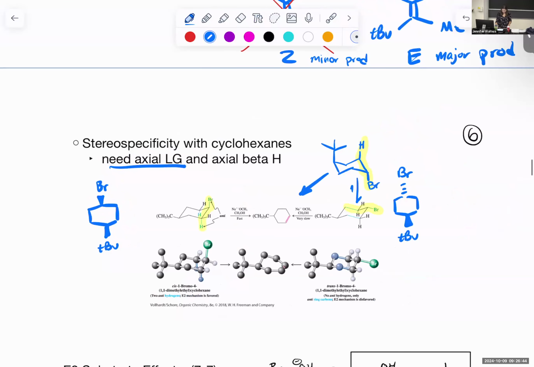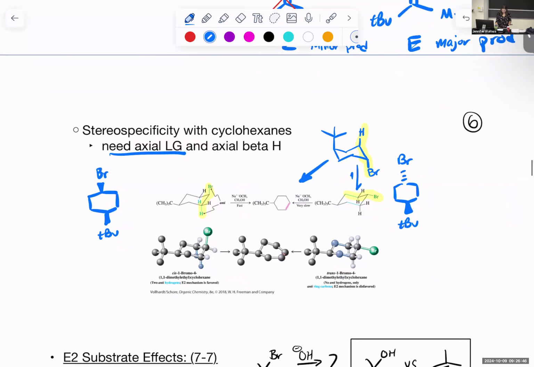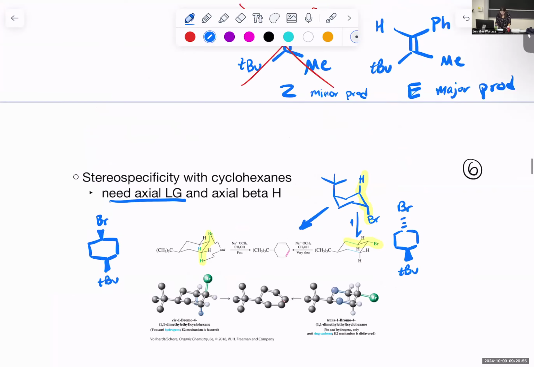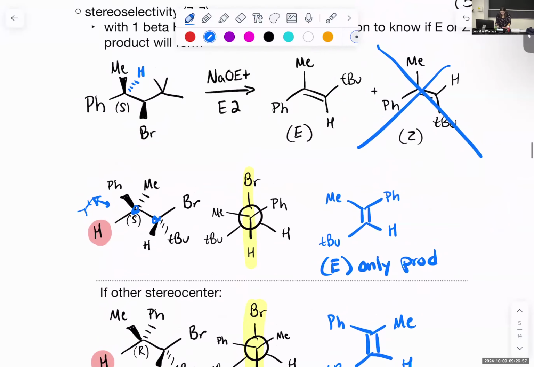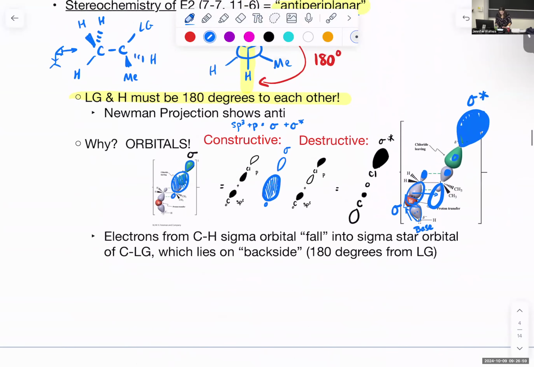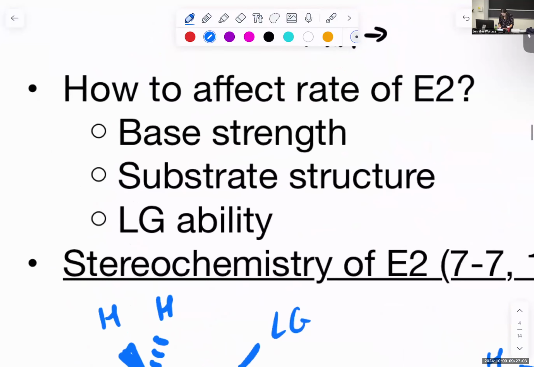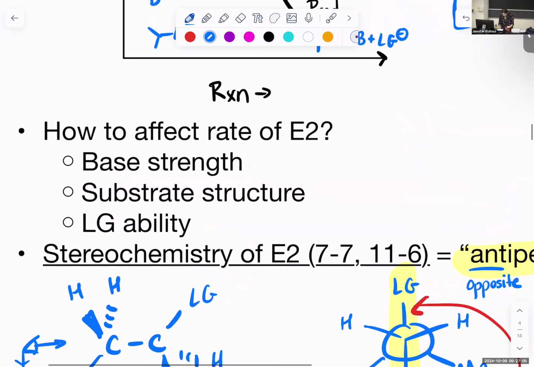All right. So speaking of rates, let's talk about our elimination factors. I'm going to scroll back up for a hot second just to emphasize which ones are the same. When we look at the E2 rate, base strength is going to be the same thing as the SN2.